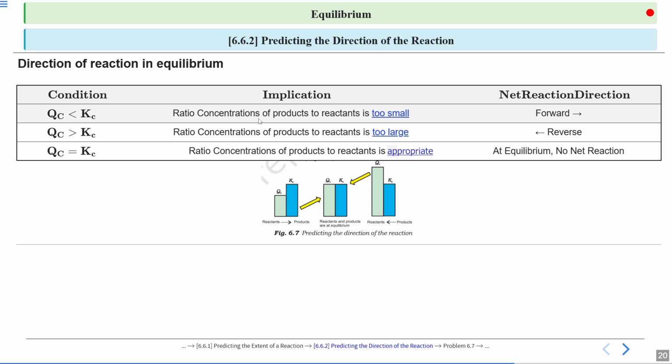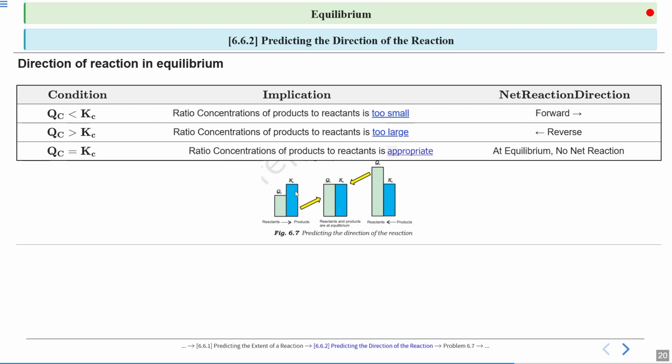Got it? Why am I saying this? Suppose your Qc is less than Kc. That means how can you increase the value of Qc so that it becomes equal to Kc, or how can you make the reaction mixture go to equilibrium? If you increase the concentration of products, as simple as that. So how do we do it? By moving in the forward direction.